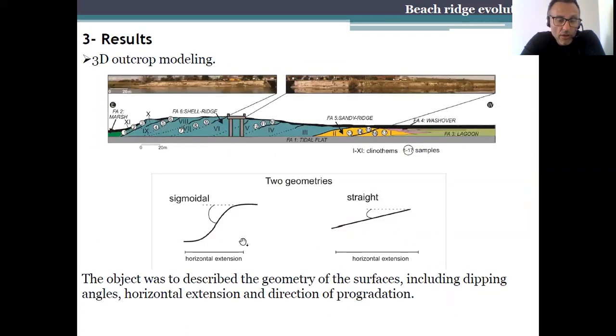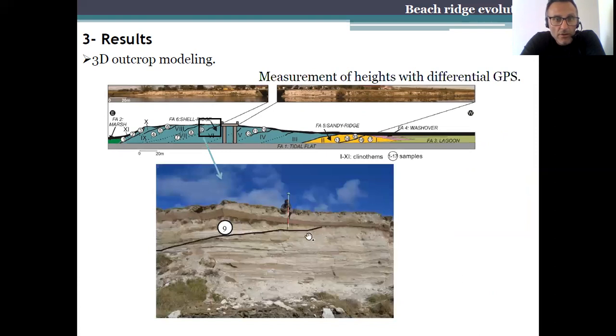Two main geometries have been recognized: sigmoidal geometries, and some that are straight. We also measured some of these surfaces near the top, at the limit of the ridge, with differential GPS.